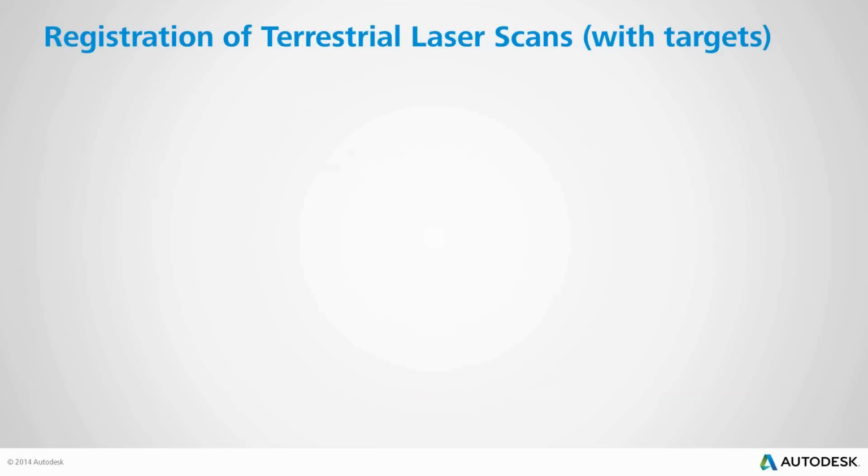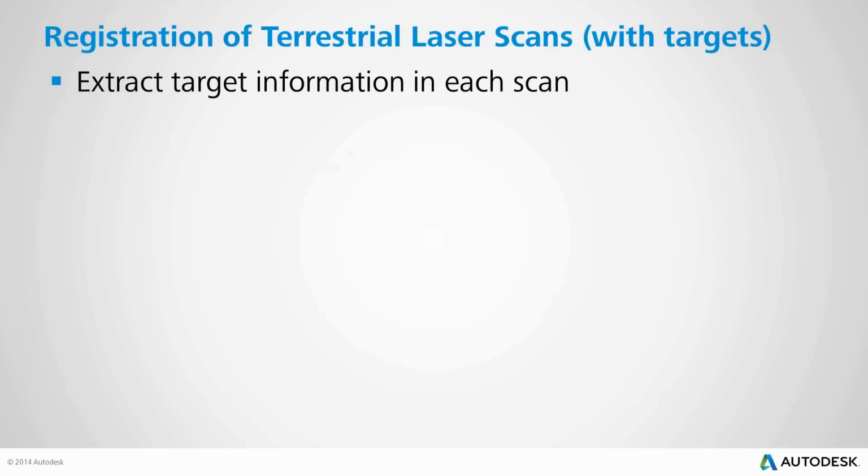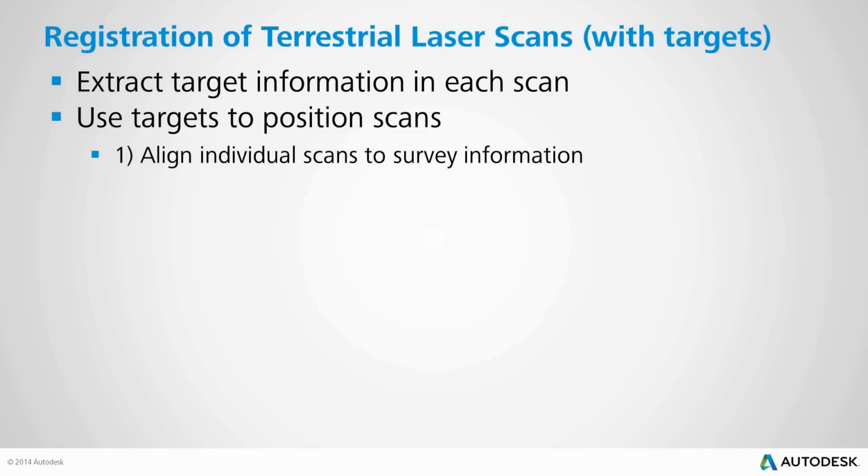Well, first of all, we need to extract that information from the scan, so we need to know where the individual target locations are within the scan coordinate frame. And once we have that information, then we can use those positions to help position those scans. And this has traditionally been done in a couple of ways.